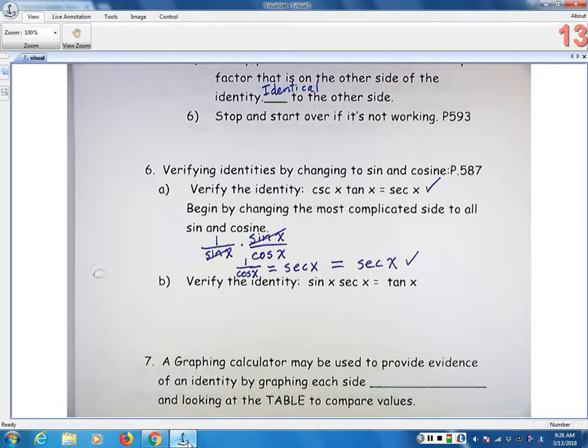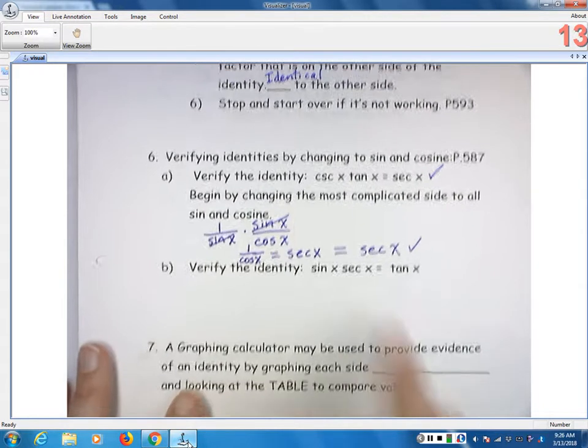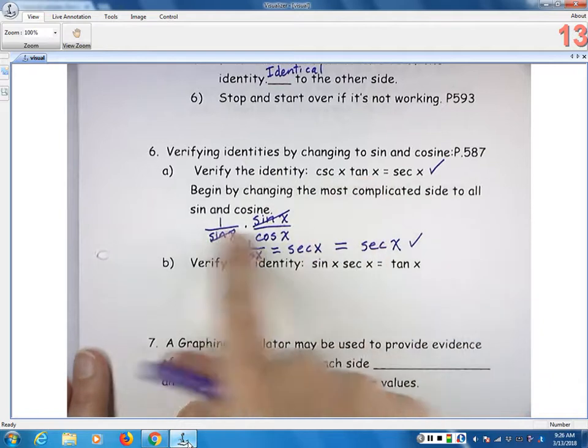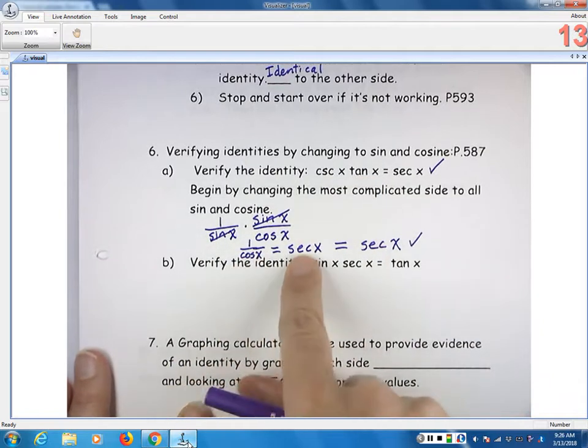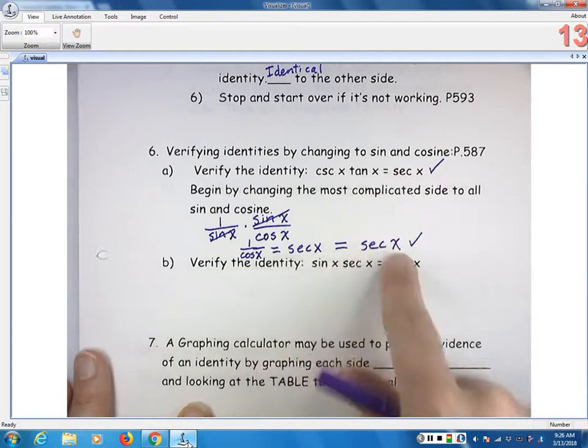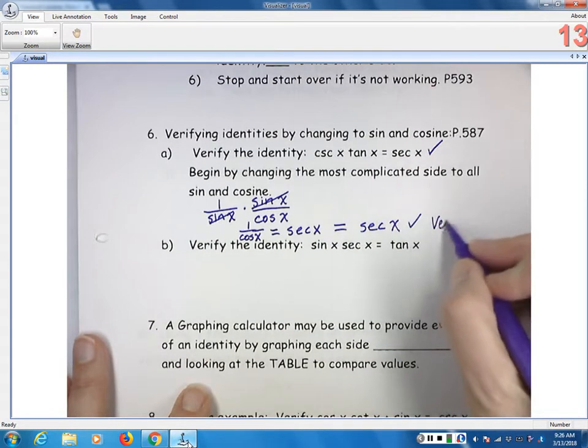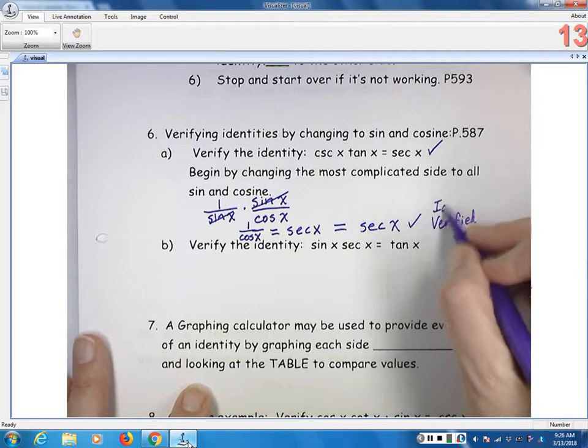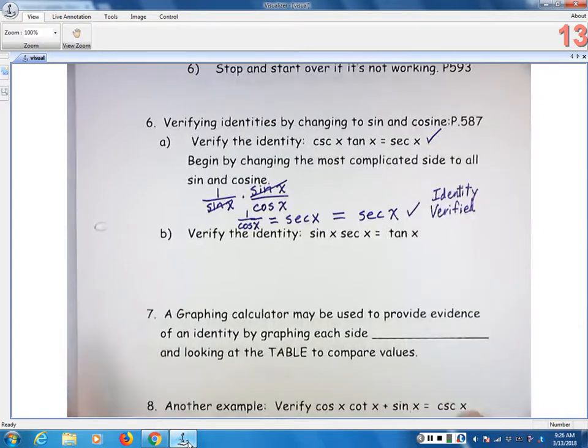You don't have to memorize these identities, but we're using the basic ones. So rewriting the left side, we got 1 over cosine, which equals secant, and that was the right side of the equation. So we verified, or we can say identity verified. Okay, that's what my check mark meant.